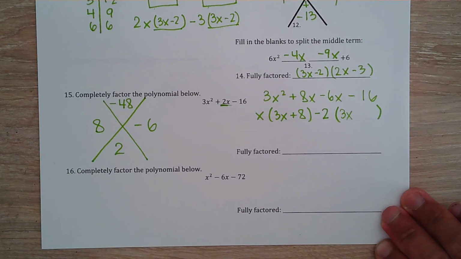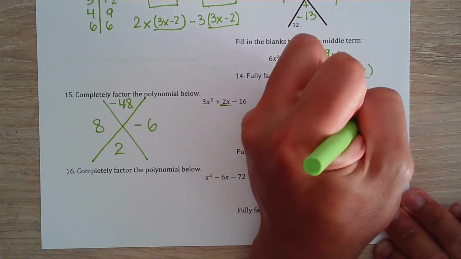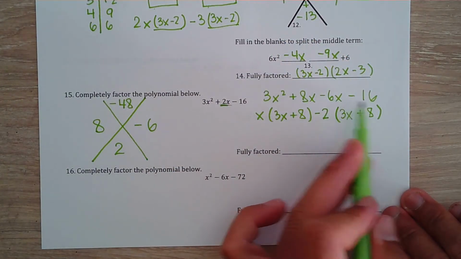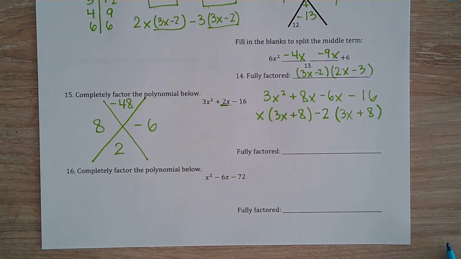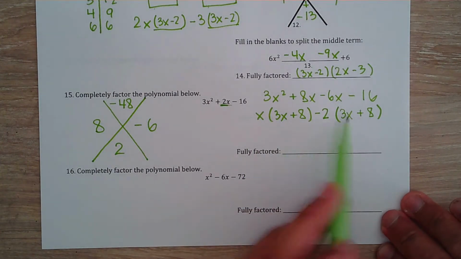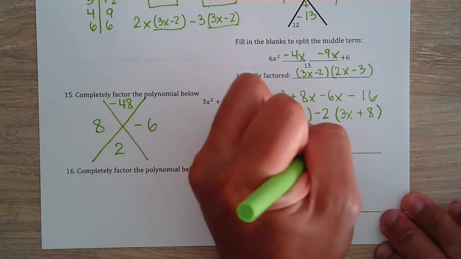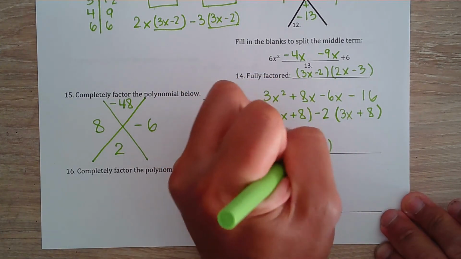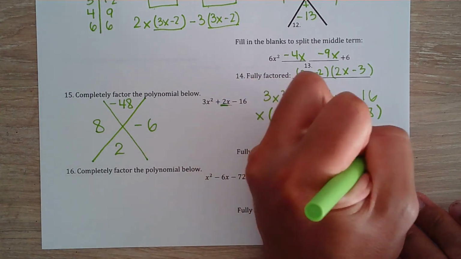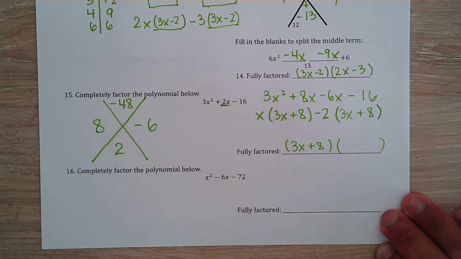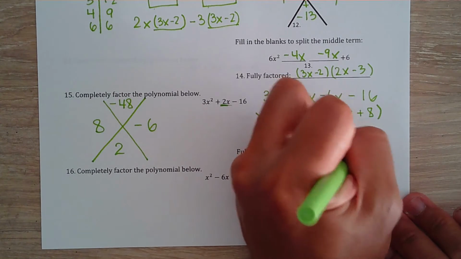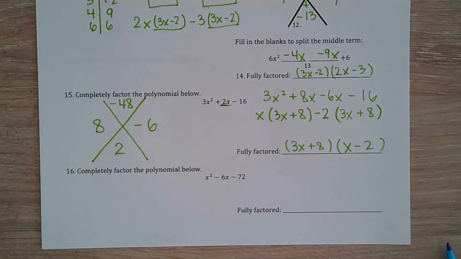And then plus 8. Yeah, that definitely works because negative 2 times a positive 8 gives us negative 16. All right, and then same thing as we did before, right? Fully factored form, we factor out the 3x plus 8. And then what are we left with? x minus 2. Final answer.